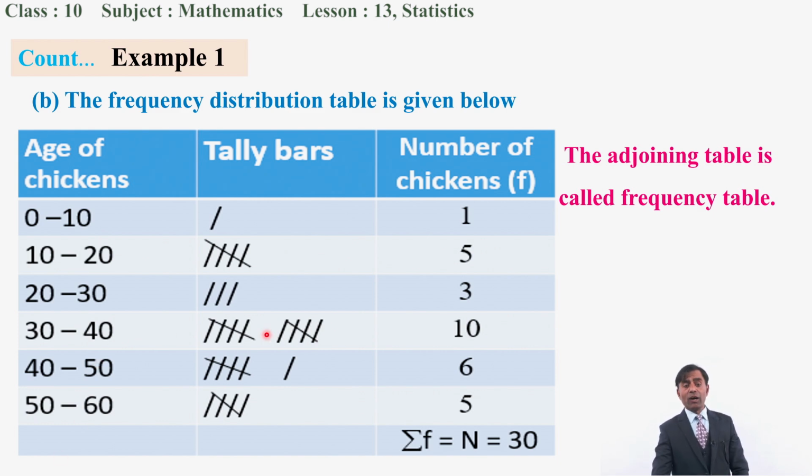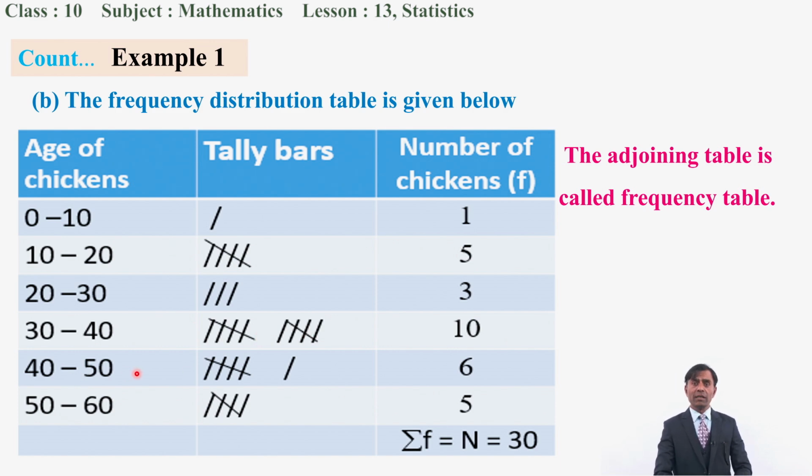How many chickens are there whose age is 30 days to 40 days? This is 10 written here. How to represent 10 by tally bars? 5 with one bundle, another 5 with another bundle: 4 vertical lines and 1 line crossing the 4 lines, then we are making 5. Similarly, here is 5.